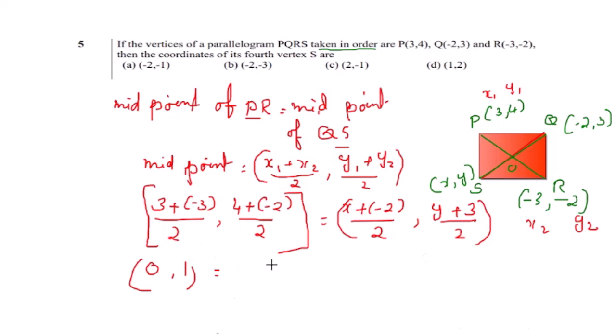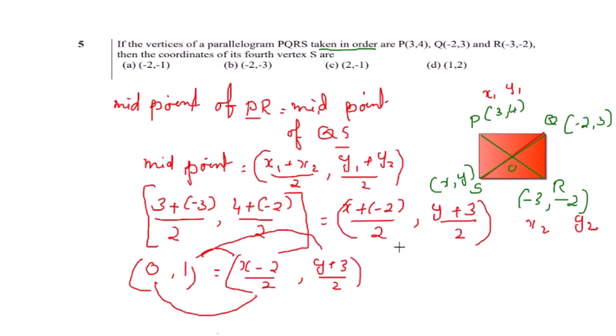now ((x - 2)/2, (y + 3)/2). Right? Now we have to equate the two coordinates, that is x coordinate with x coordinate and y coordinate with y coordinate. Then we will get the values of x and y, right?